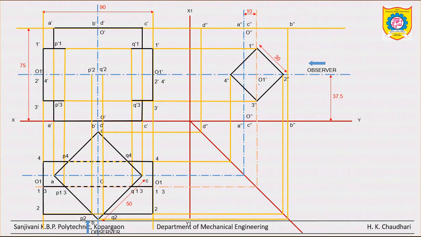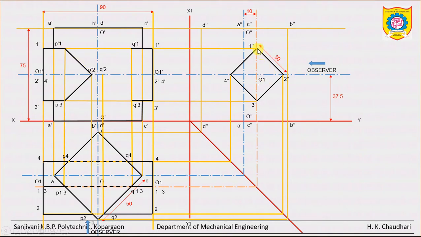Because it is the intersection of one of the rectangular faces of the horizontal prism as well as a rectangular face of the vertical prism. When two plane surfaces intersect with each other, their intersection will be a line. So we can join P dash 1 and P dash 2 by a straight line. Clear? From the bottom side, here also we can observe, P dash 1 to P dash 2.